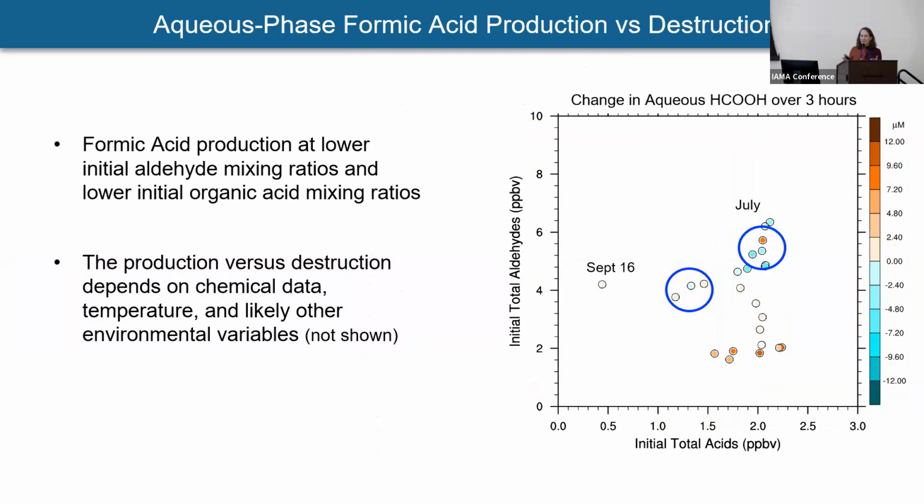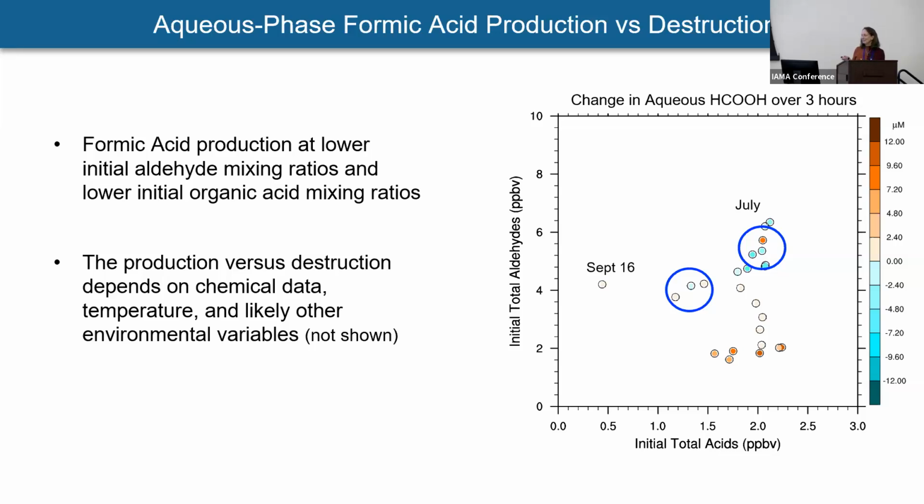Also I found from doing a bunch of sensitivity simulations that the production versus the destruction depended on that chemical data, because I did try other data for the Henry's law and dissociation constants. It depended on the temperature and likely other environmental variables that I'm not showing here.